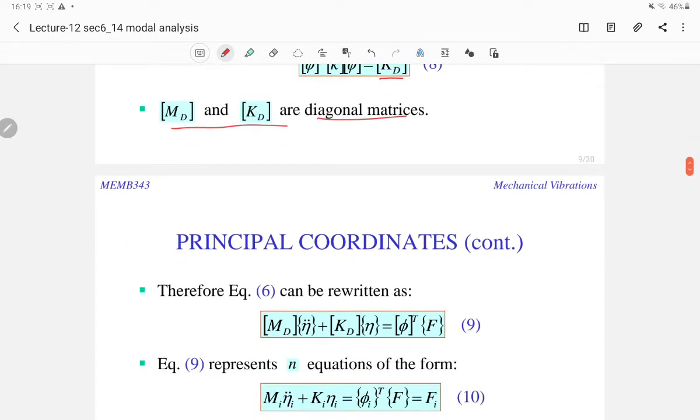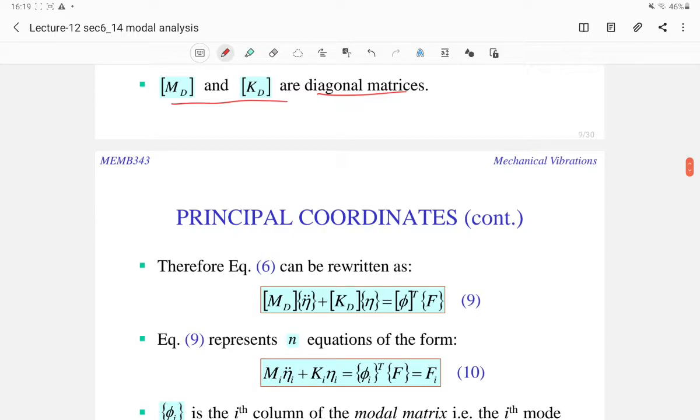If you write that down, you can see that equation 6 can be written as equation 9.